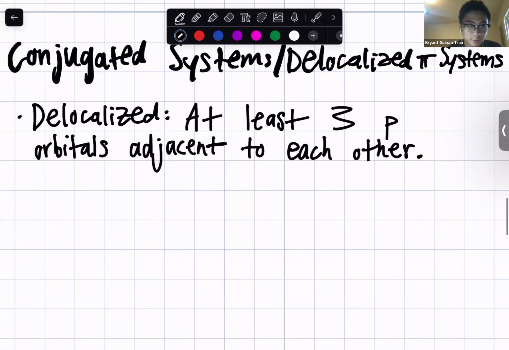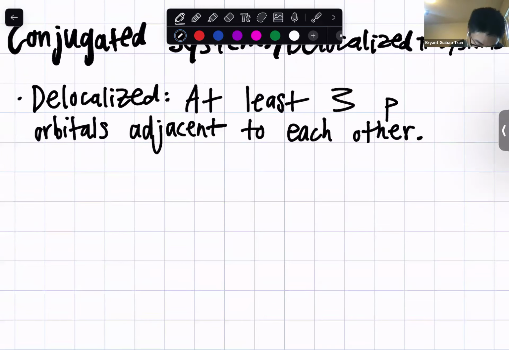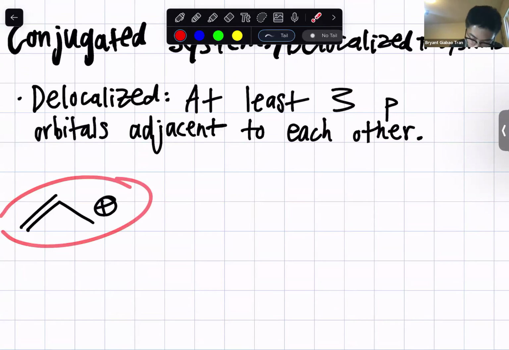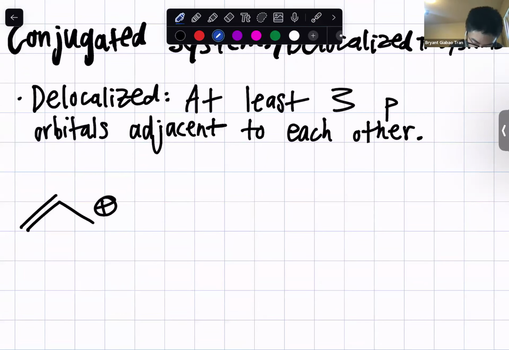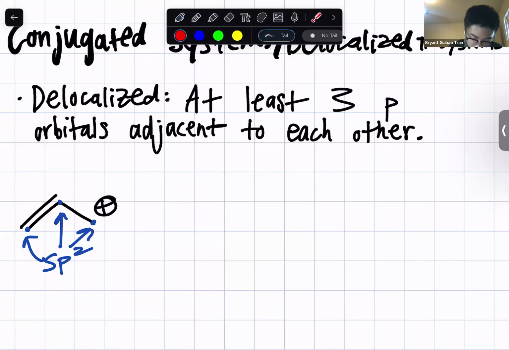An example of that would be something like this. Say we have this structure here where we have sp2 carbons here, here, and here. Since these are sp2 carbons, we know that all of these carbons have p orbitals.